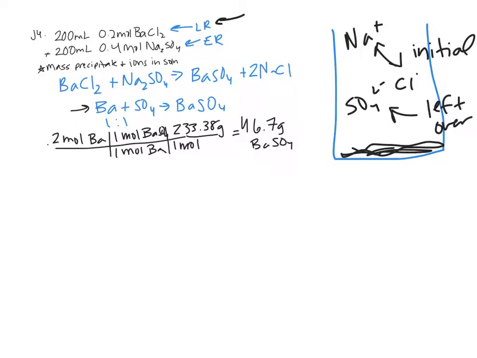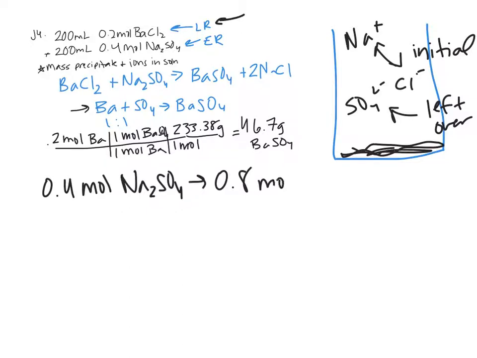Let's do sodium and chlorine first, because they're easier, since they're just the same amount. If I had 0.4 moles of Na2SO4, that means I have 0.8 moles of sodium ions, because we have 2 sodium ions per Na2SO4. All I have to do is divide that by our total liters, and since we added together 200 and 200, this whole thing should be 400 milliliters.